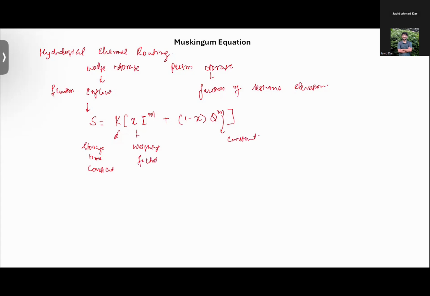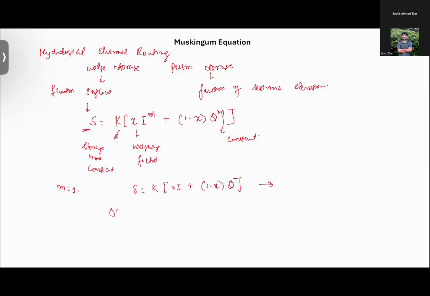The Muskingum equation is actually the same equation, but your value of n is 1. So the equation becomes S equals K times x I plus 1 minus x into Q. This is your Muskingum equation. And the important thing is the estimation of K and x values.